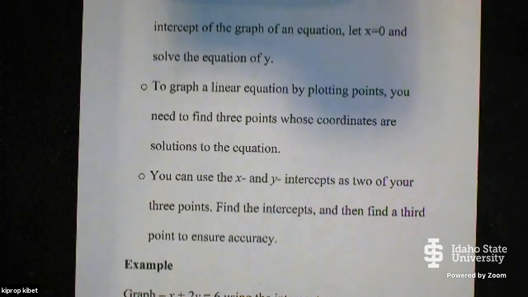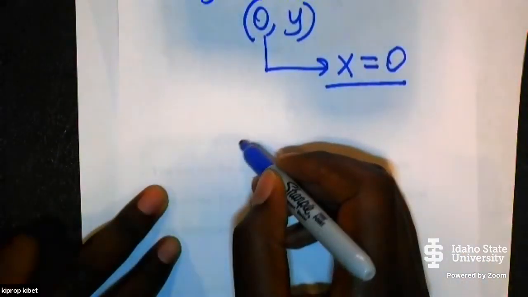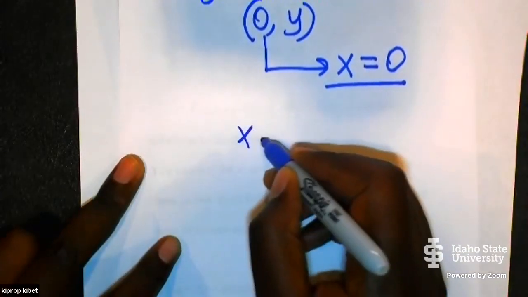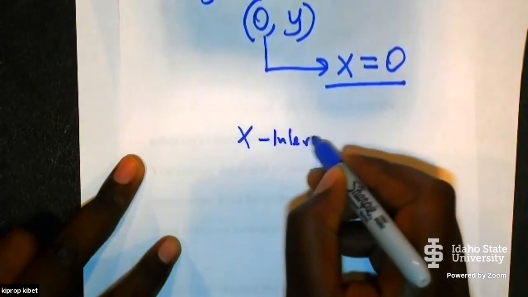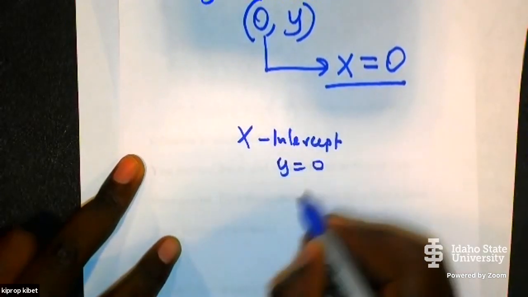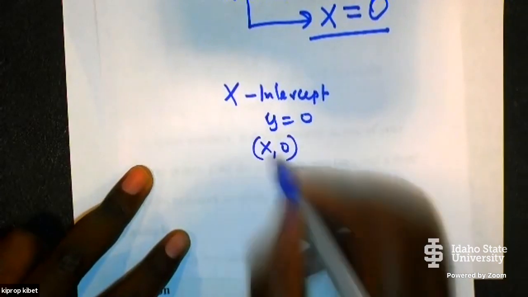First of all, to draw a graph, you look for the x-intercept, where y equals 0. So you will get this point, (x, 0).